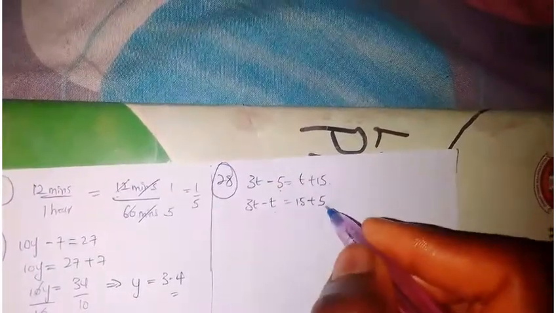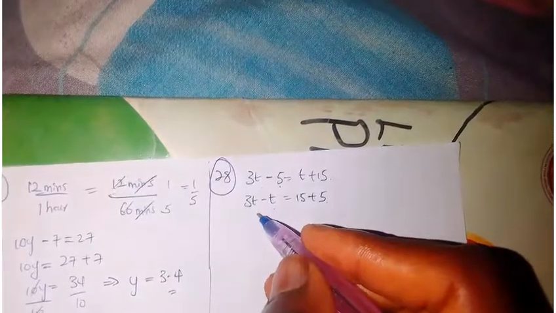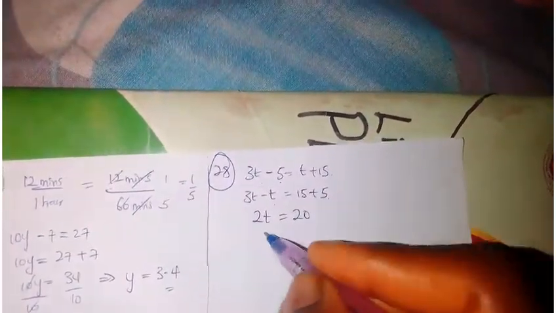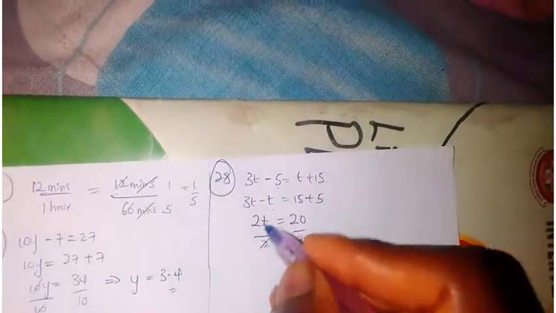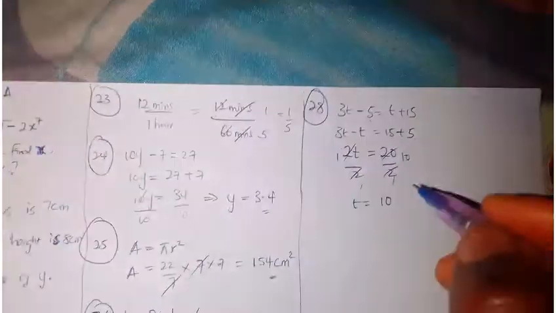Okay, because plus t becomes minus, and minus 5 becomes plus when it comes here. 3t minus t is as though saying 3t minus 1t. That's 2t. 15 plus 5, 20 over 2 to get my t. My t equals 10.